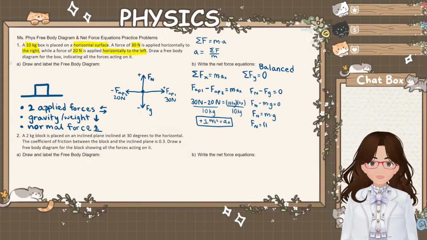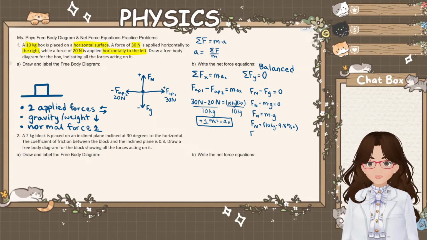And to do that, we would just take 10 kilograms and multiply it by 9.8 meters per second squared. And that will give us a normal force and a weight of 98 newtons.